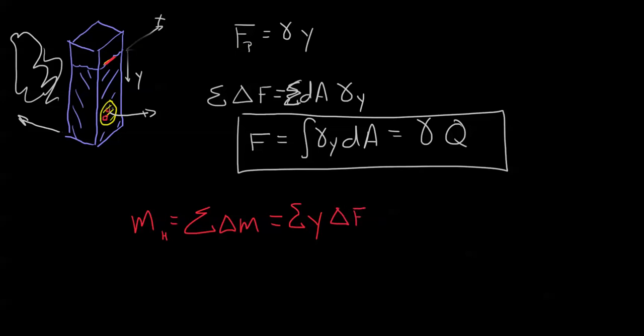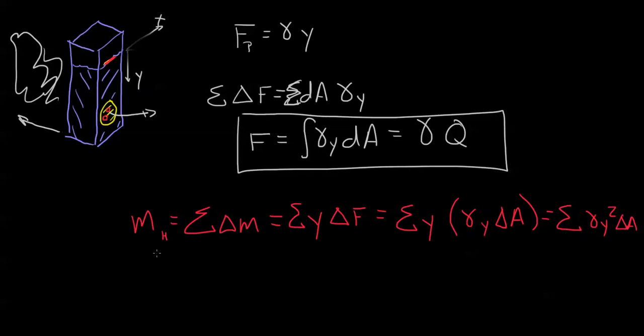Small force 1, small force 2, you get the idea. We can take this equation up here and plug it in. The small forces are gamma y times delta A. You've seen this before. We can write this as the sum of gamma y squared delta A.